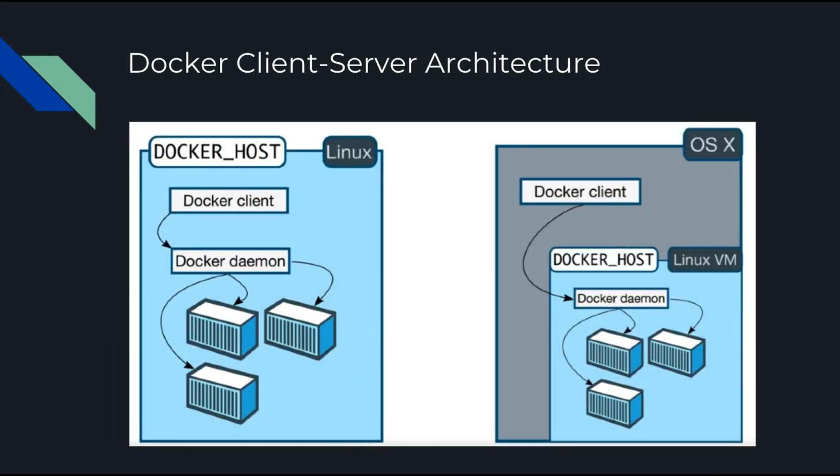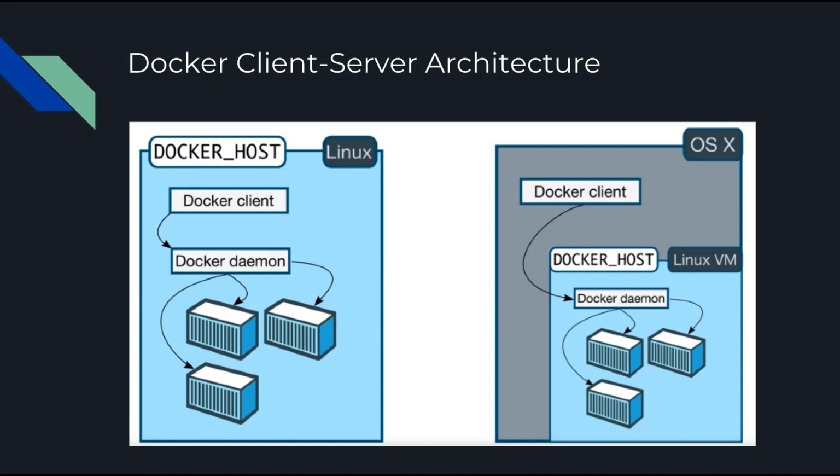Now the Docker daemon uses Linux kernel features. So if you've installed a Docker engine or a Docker server on Linux, then you can have the client and the Docker daemon, everything, run on that Linux machine.